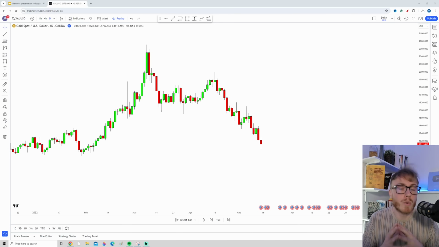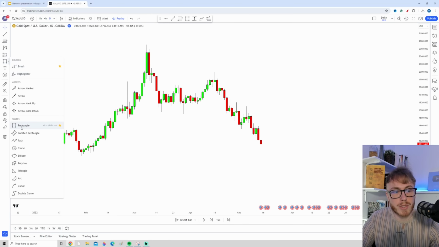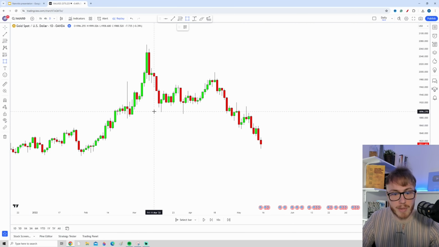And now, in order to draw our horizontal support and resistance levels, remember from the rules here: if we have an uptrend, we want to focus on the highs, but if we have a downtrend, we want to focus on the lows. So you can see that we have a low right here, and one could also use this low right here. We use these lows to create our support and resistance zone, and once again, we want to use the rectangle tool right here.